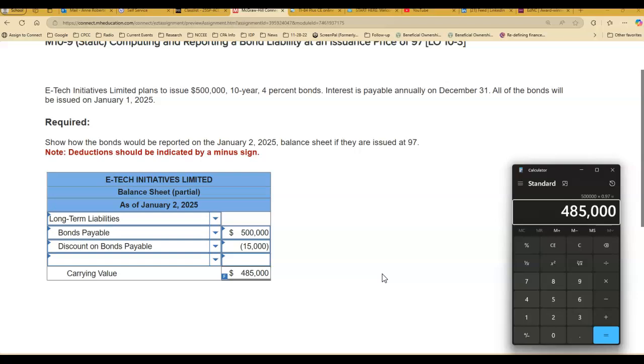Now let's talk about this for just a second. Does this sort of presentation look a little bit familiar to you? We've seen something else that presents this way. Can you think of it? How about a fixed asset with an accumulated depreciation tucked in there?